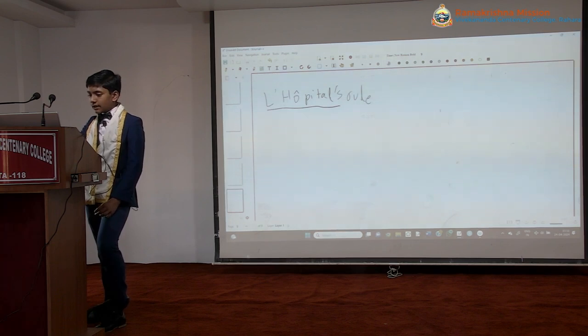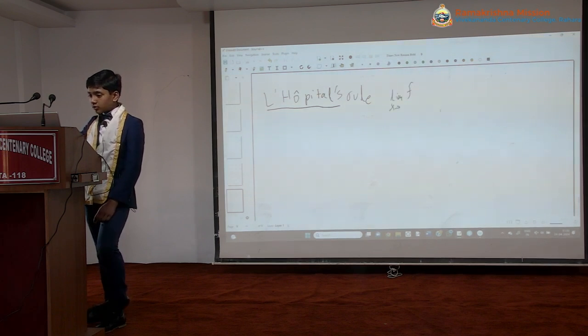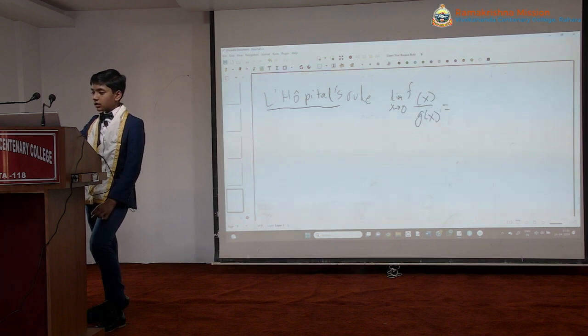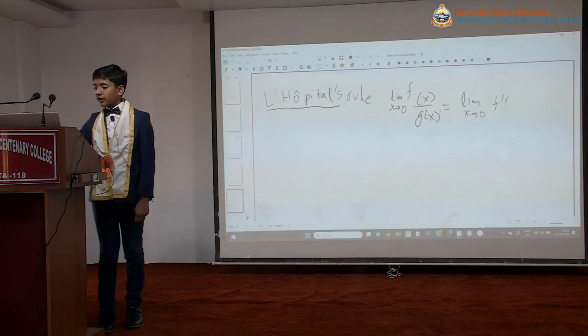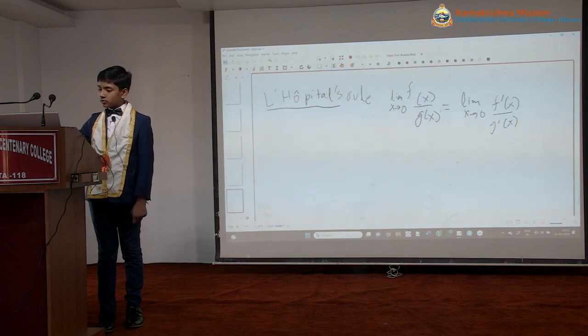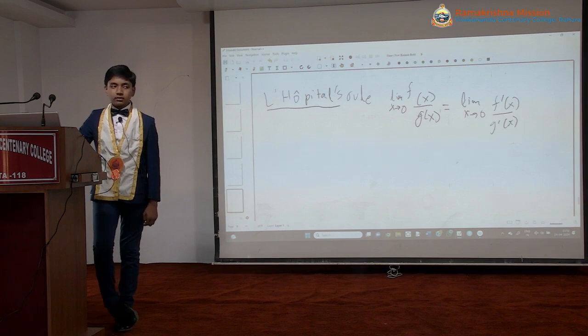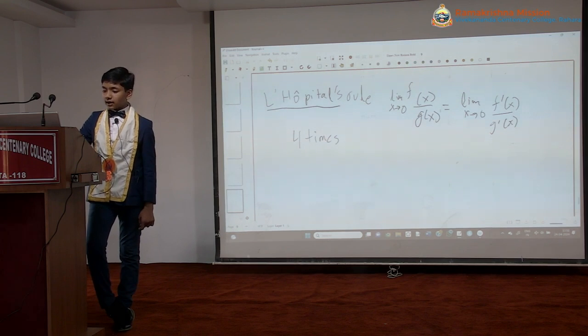So, essentially, you take the limit as x approaches 0 of f of x divided by g of x, which is equal to the limit as x approaches 0 of f prime of x over g prime of x. Oh wow, it's almost 351 when you look at that. So you utilize this 4 times in a row until it eventually reduces to this nice expression.